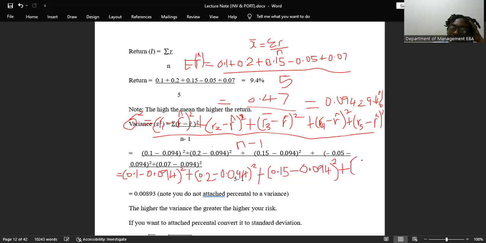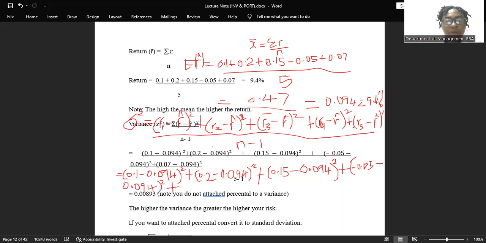R4 from the question is negative 0.05 minus, I'll continue down here. Maybe next time go to the same board. Minus 0.094 because the bracket squared plus the final one.